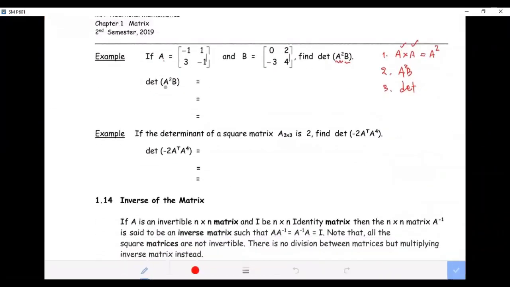I have A squared times B, so I split them like this: det of A squared times det of B. I think I'm done with this. Det B is easy, I can just find det B from here. But for det A squared, I think I still have to use one more property. So I will just go back.